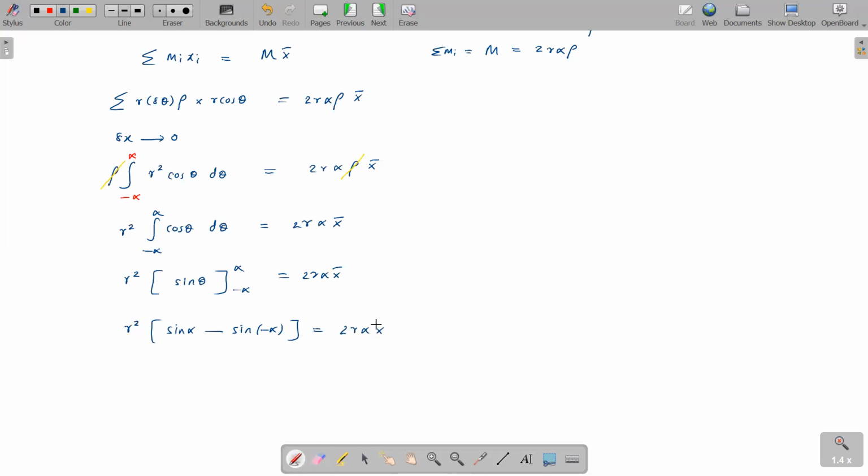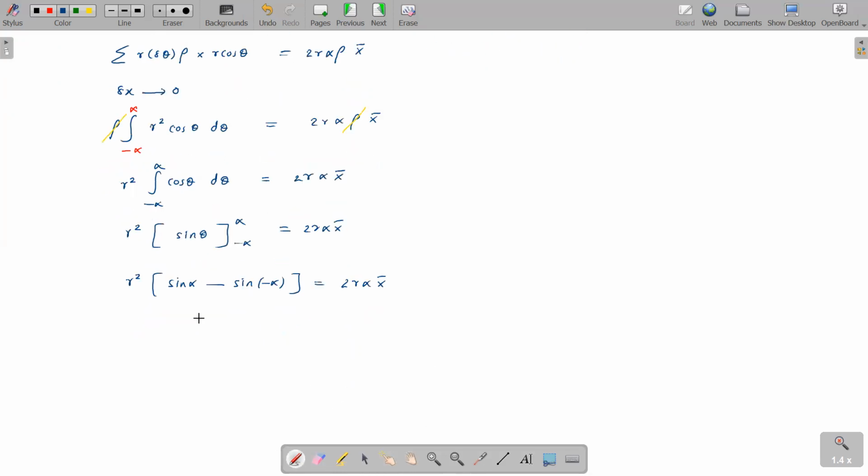Two r alpha x bar. R square, sine alpha minus minus is plus, right? So you get here 2 sine alpha. 2r alpha x bar. So we can cut off the 2. We can cut off 1 r. And I get here r sine alpha over alpha, right guys?